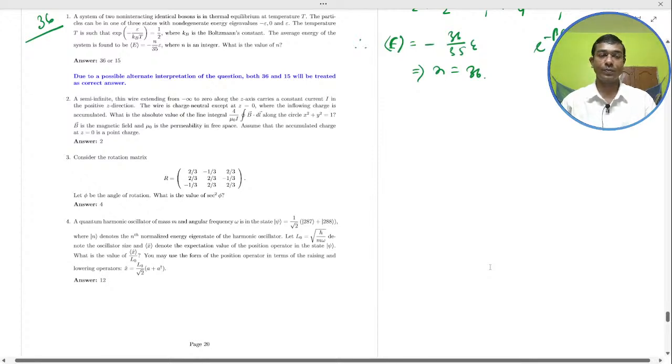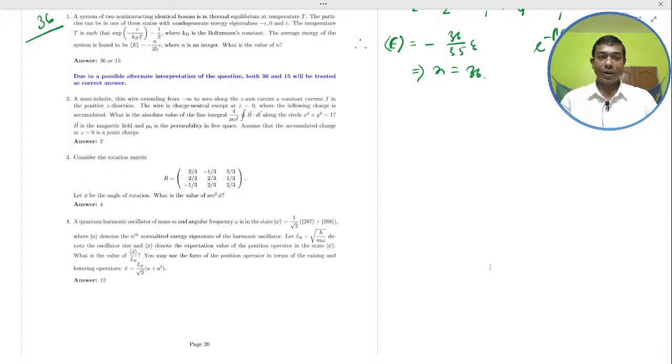Question number 2. A semi-infinite thin wire extending from minus infinity to 0 along the z-axis carries a constant current I in the positive z direction. The wire is charge neutral except at z equal to 0, where the inflowing charge is accumulated.